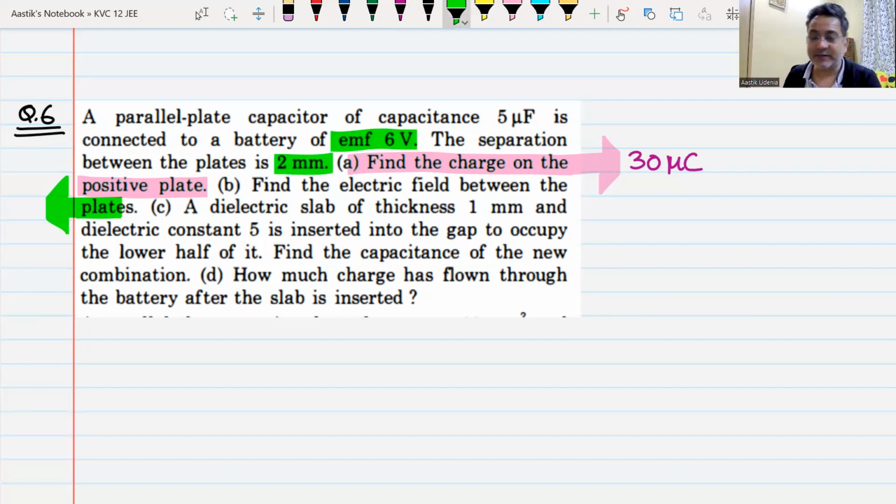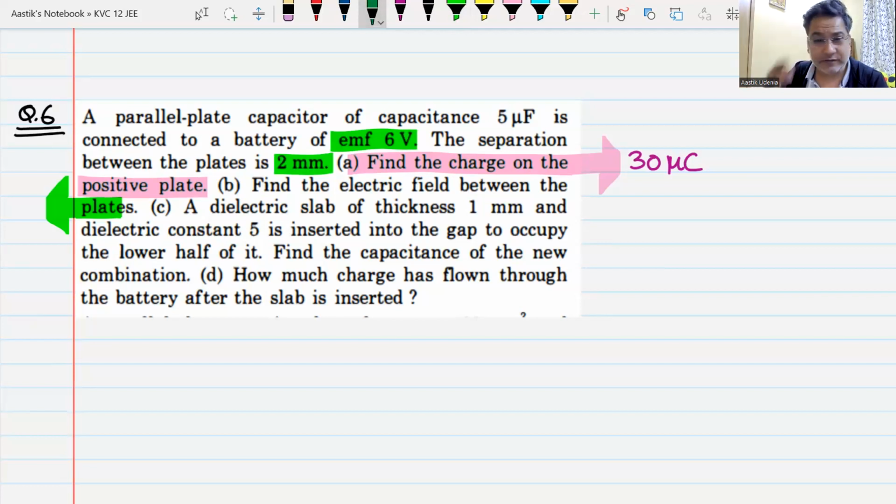The distance between the plates is given. You cannot find out the electric field. Sad day. It's a sad day in the history of India and your thing.